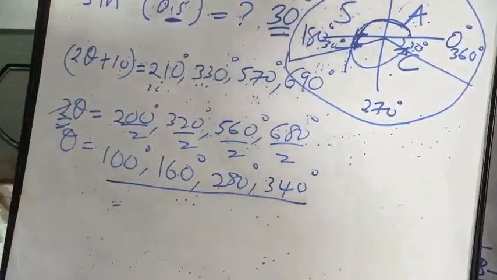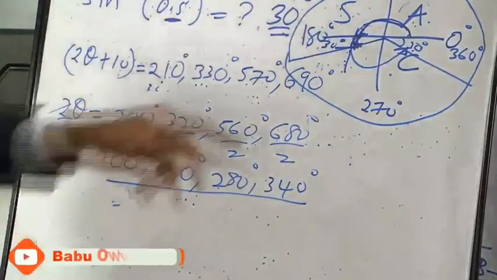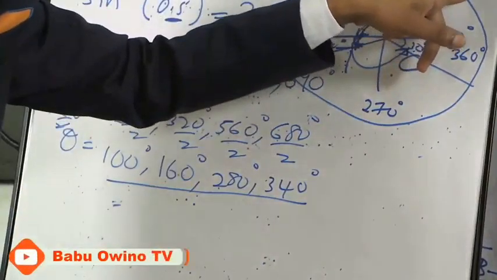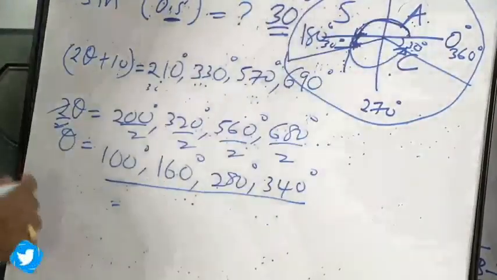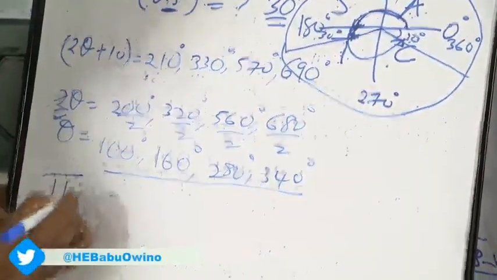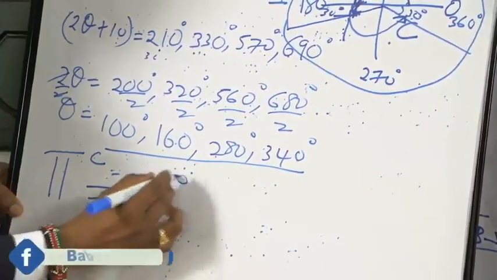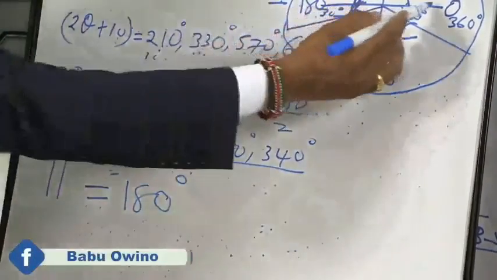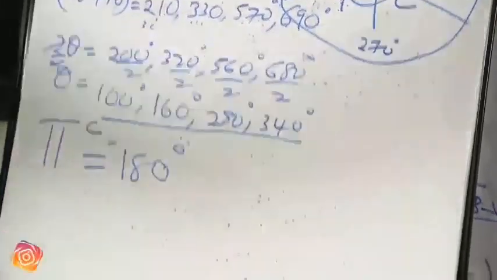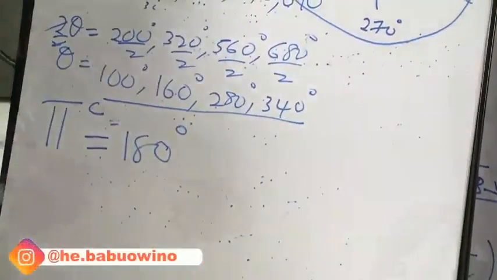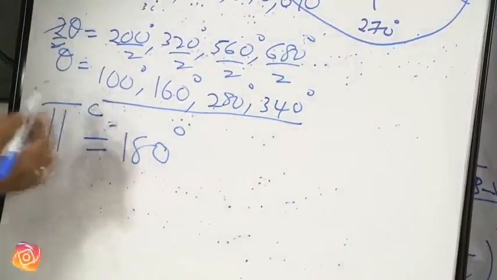These are the answers. But remember, we are told to write our answers in pi radians. Common rule in maths, 1 pi radian equals 180 degrees. When you move from 0 to 180 degrees, you've made a pi radian. Therefore, we want to convert this.